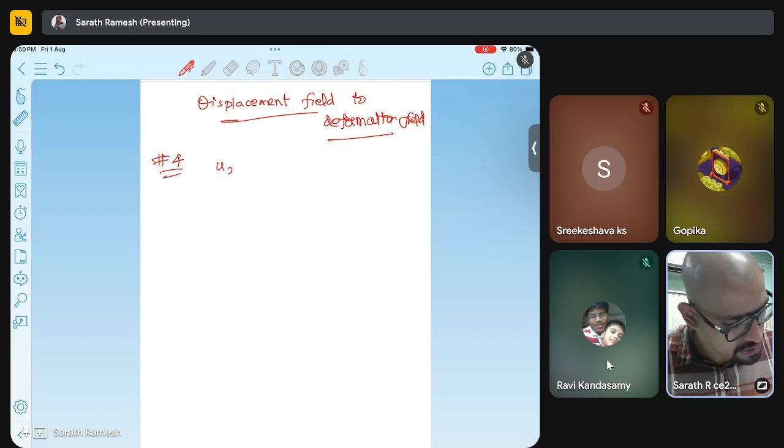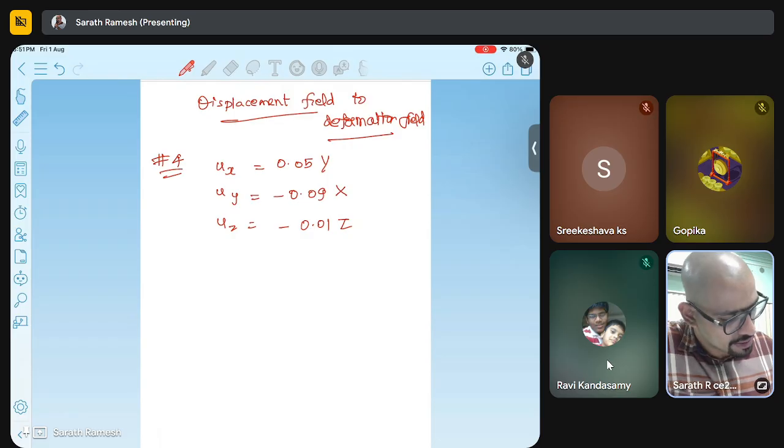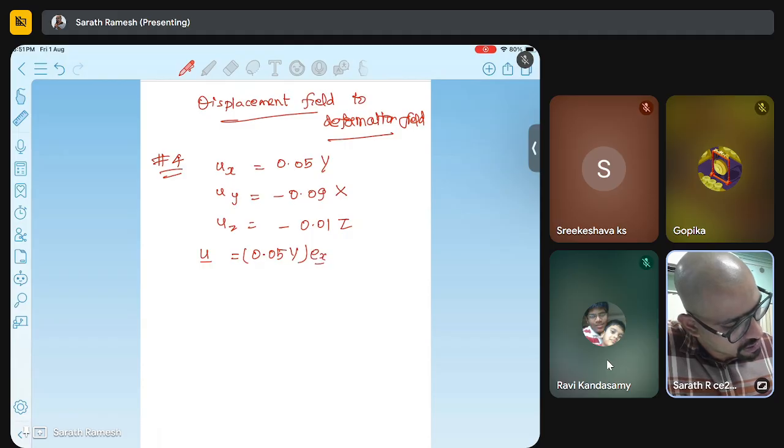So Ux is equal to 0.05 capital Y, Uy is equal to minus 0.09 capital X, Uz is equal to minus 0.01 capital Z. Okay. So they have given the displacement components, that is, the u vector is 0.05 y ex minus 0.09 x ey minus 0.01 z ez. This is given. Easy.